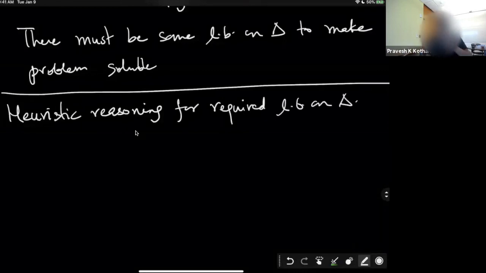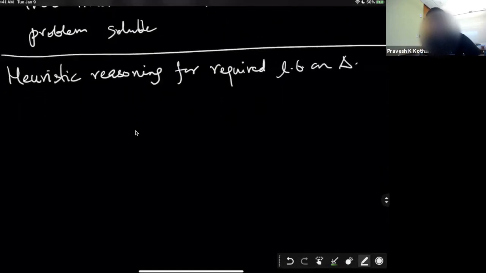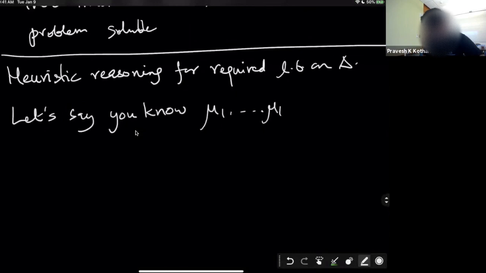For this, let's focus on the simpler setting where you know the means. So let's say you know mu1 up to mu sub k. You know that each point was somehow generated IID from one of the k possible Gaussians, and you in fact know their means, and you also know their covariances.